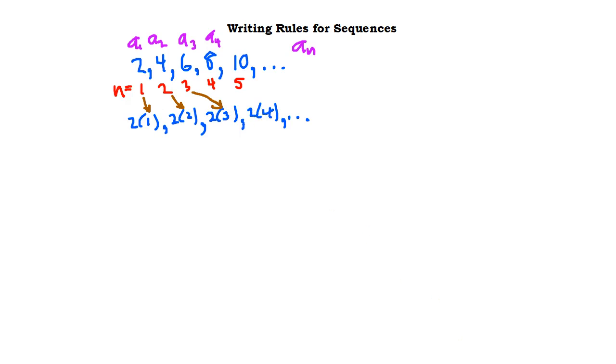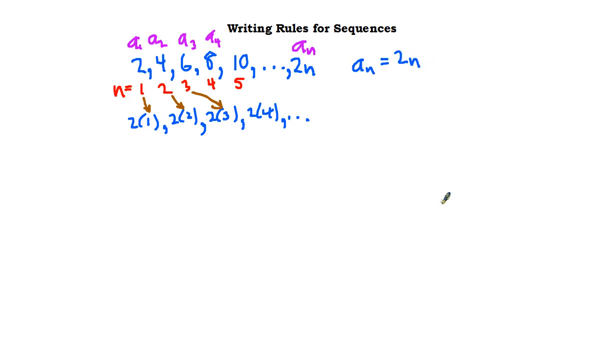So when we go to write the rule for this sequence, it's going to be 2 times whatever n is. Maybe just to be perfectly legit, let's put a comma in there. But the rule itself is going to be 2 times n, and that's what a sub n is. So we can write out the rule as a sub n equals 2n.